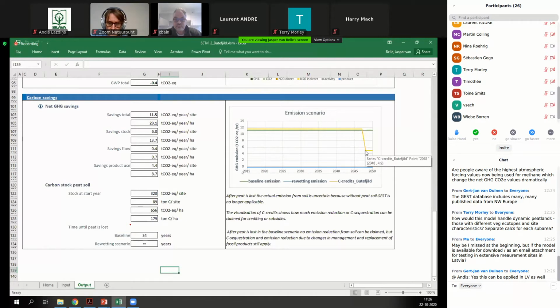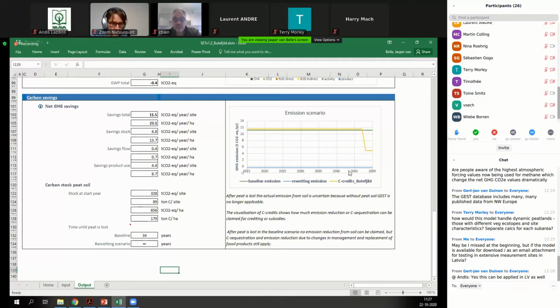So after 2048, no carbon emission reduction can be claimed anymore, but you can still claim the emission reductions resulting from carbon sequestration and from the product use.